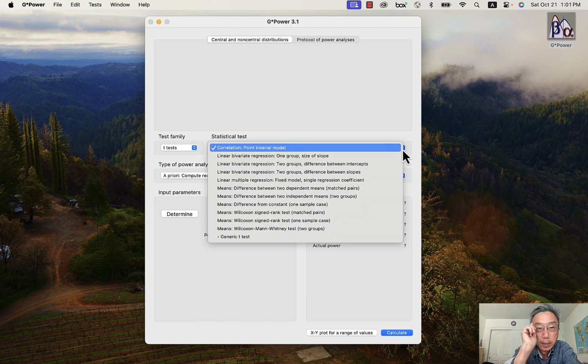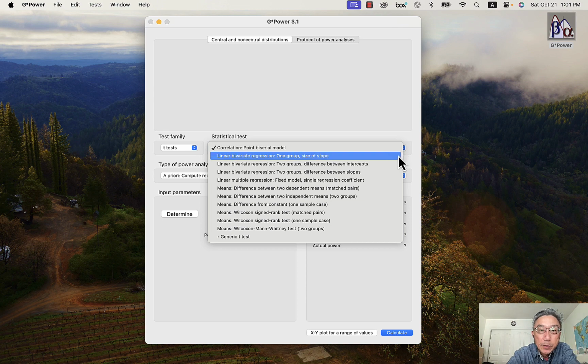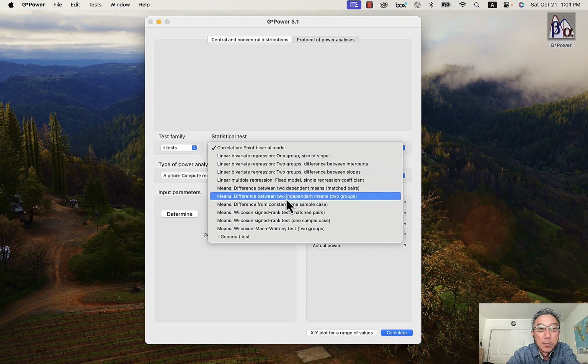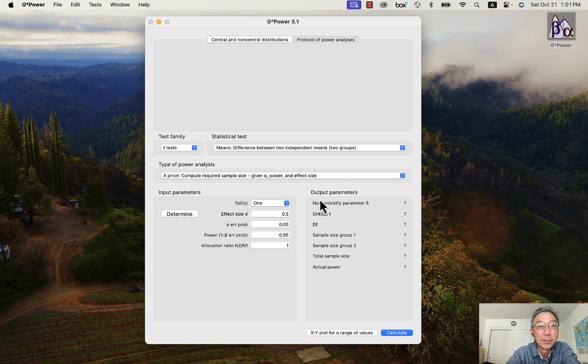Suppose I want to test the mean difference between two independent means, two groups. In other words, this is the independent samples t-test. So I select the test, and I need to specify whether it's a two-tailed test or one-tailed test. I'm going to conduct a two-tailed test.